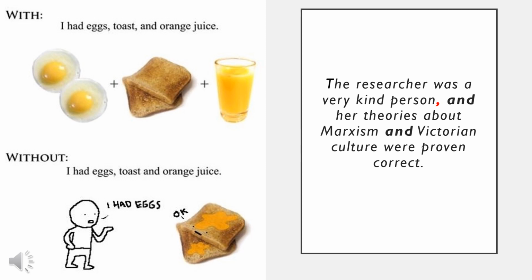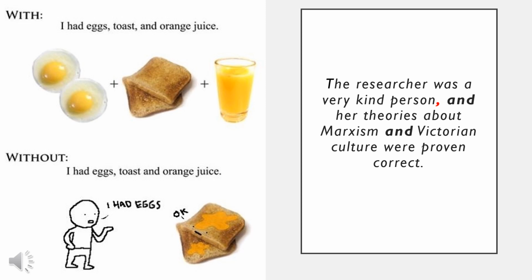In this sentence, there are two ands, so we give the sentence greater definition by using the Oxford comma in red there. The second and correctly groups together the researcher's theories about Marxism and Victorian culture. We want to group these two things together because they are both proven correct.